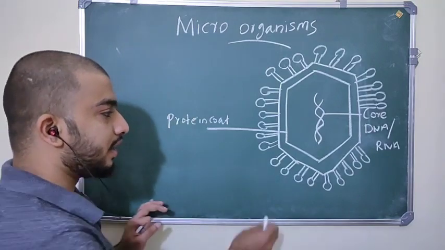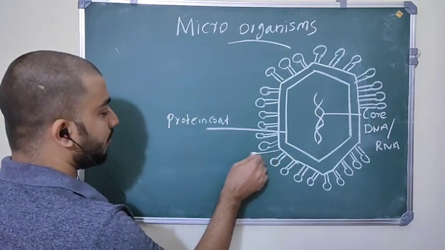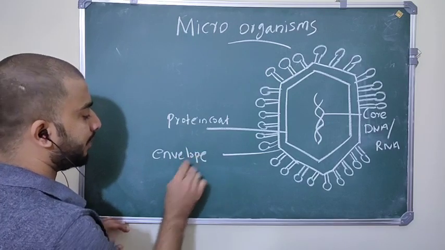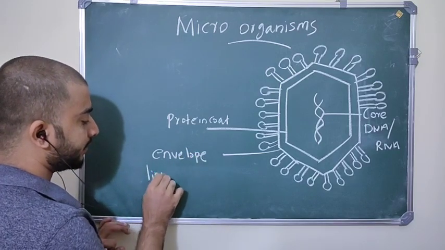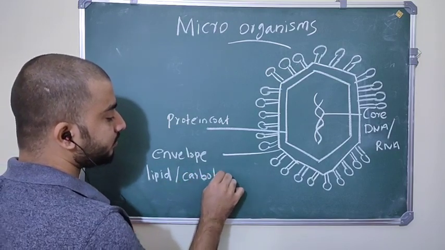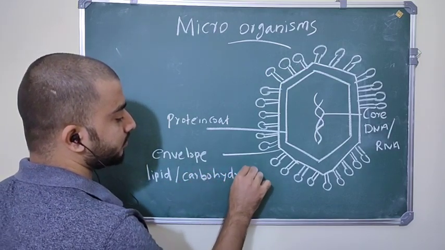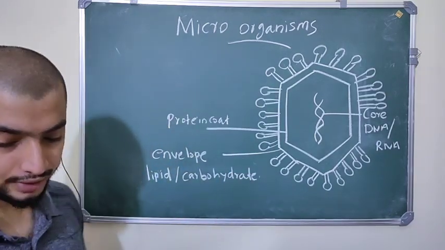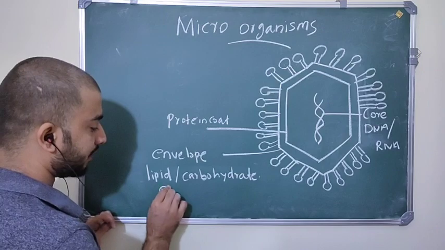So they have an additional envelope. This envelope may be made up of lipid or carbohydrate, or maybe sometimes proteins.